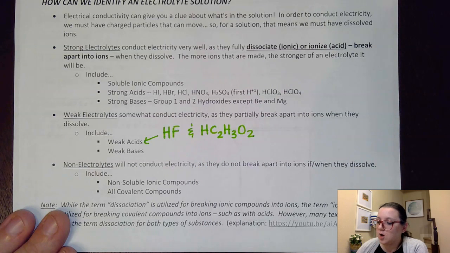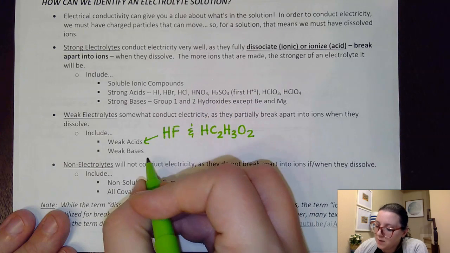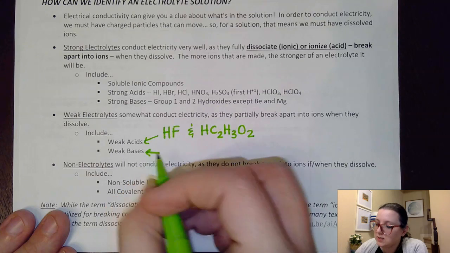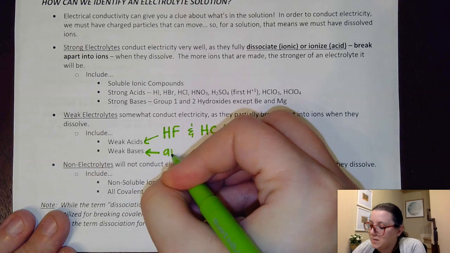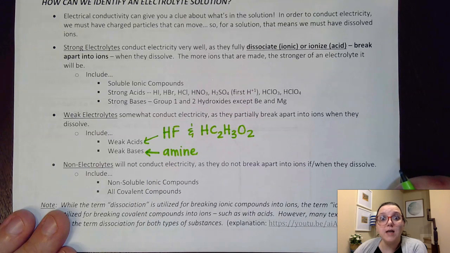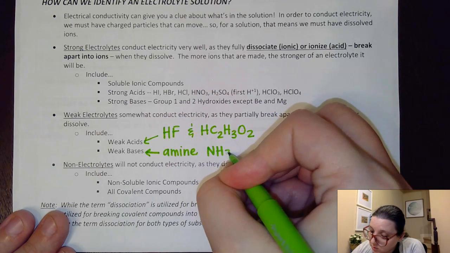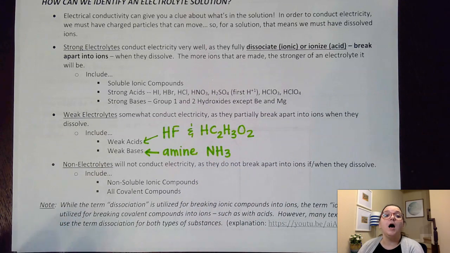Weak bases are bases that are not hydroxide bases typically. We usually see what are called amine bases. Amine bases are nitrogen bases. For example, ammonia, NH3, is considered an amine weak base.